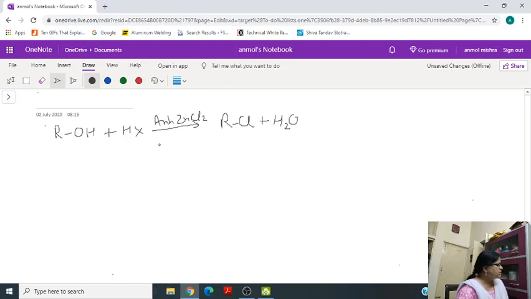Now this reaction is used to distinguish between primary, secondary and tertiary alcohol. Primary alcohol does not give turbidity.